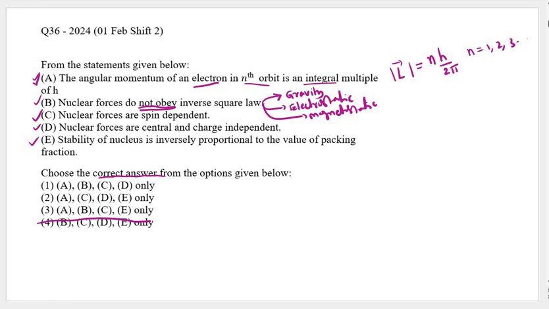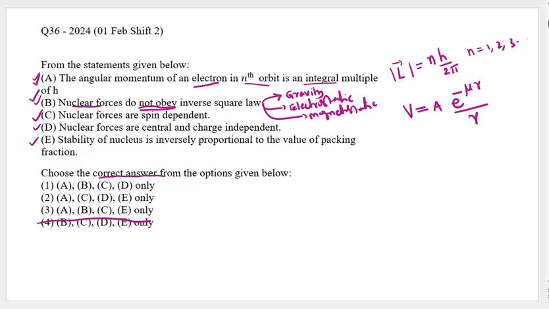But nuclear forces do not obey the inverse square law. The nuclear potential is some constant multiple of e power some constant multiple of r, divided by r. So B is also correct, that does not obey inverse square law.